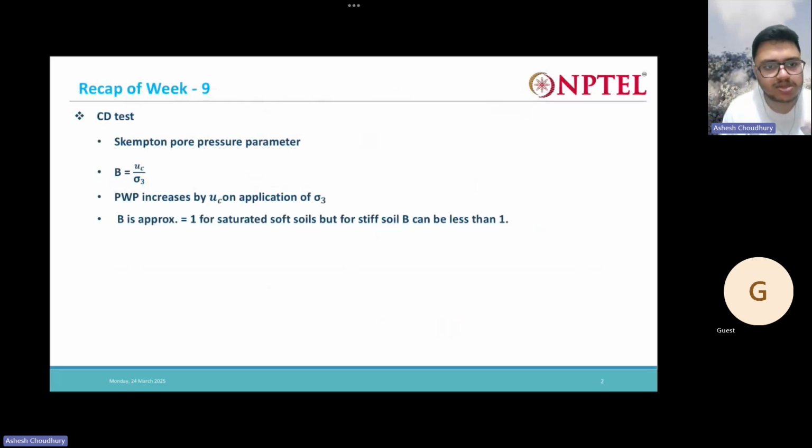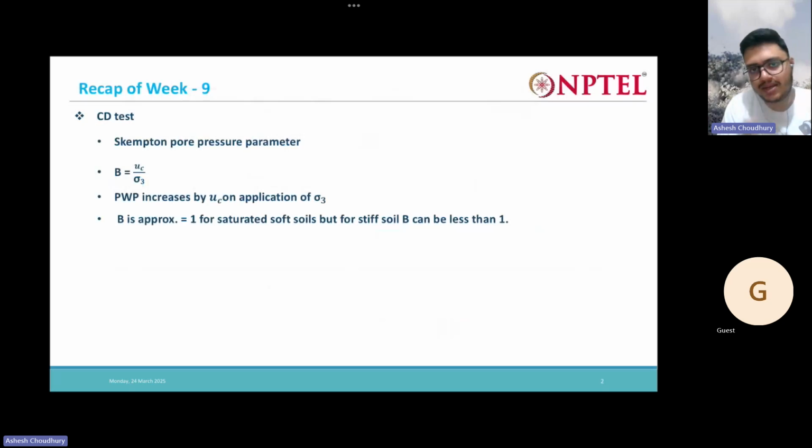So this Skempton pore pressure parameter B is nothing but the ratio of the excess pore water pressure divided by the applied confining stress, sigma 3, the minor principal stress.